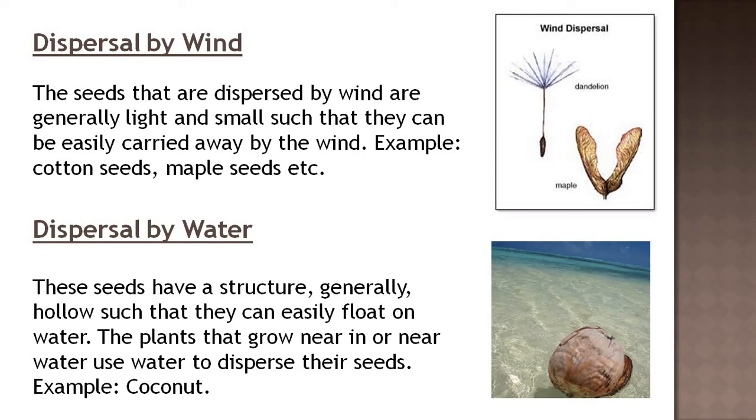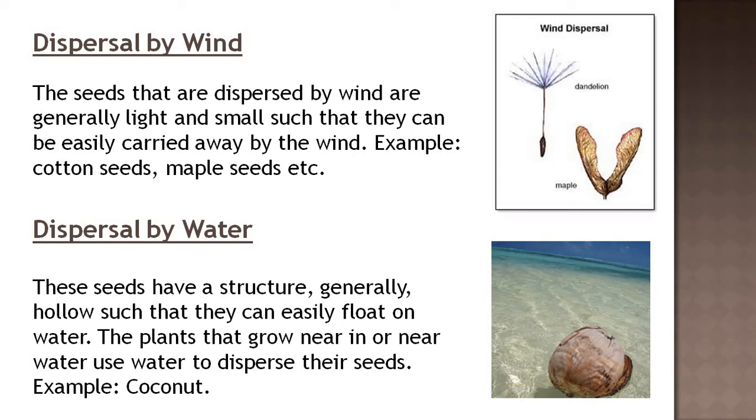The second method is dispersal by water. Obviously the plants which grow in water or near water bodies disperse their seeds by water. These seeds generally have a hollow or fibrous structure, so that they can easily float on water and do not sink.